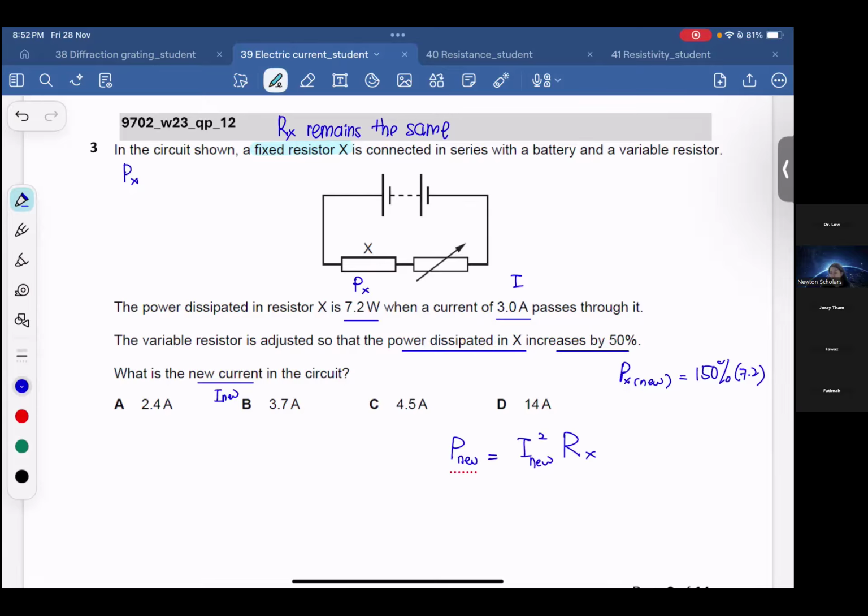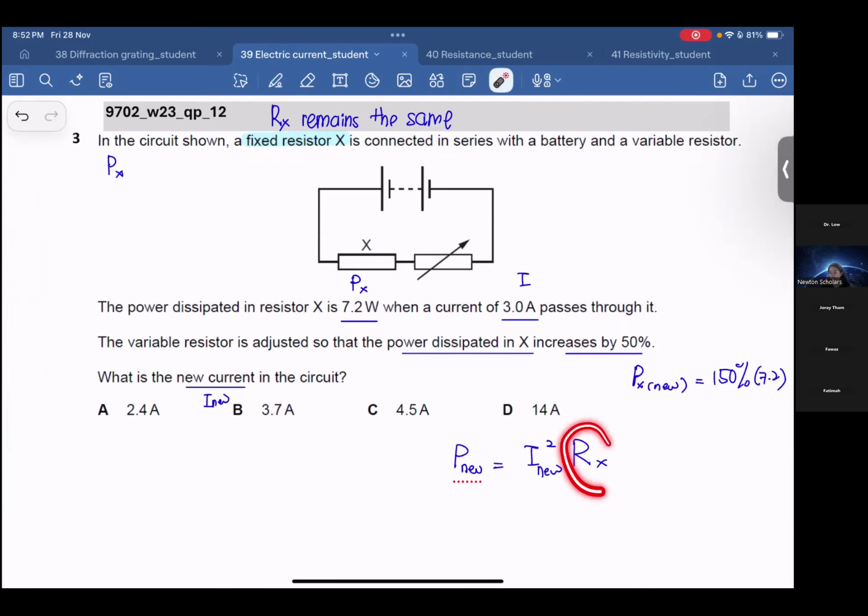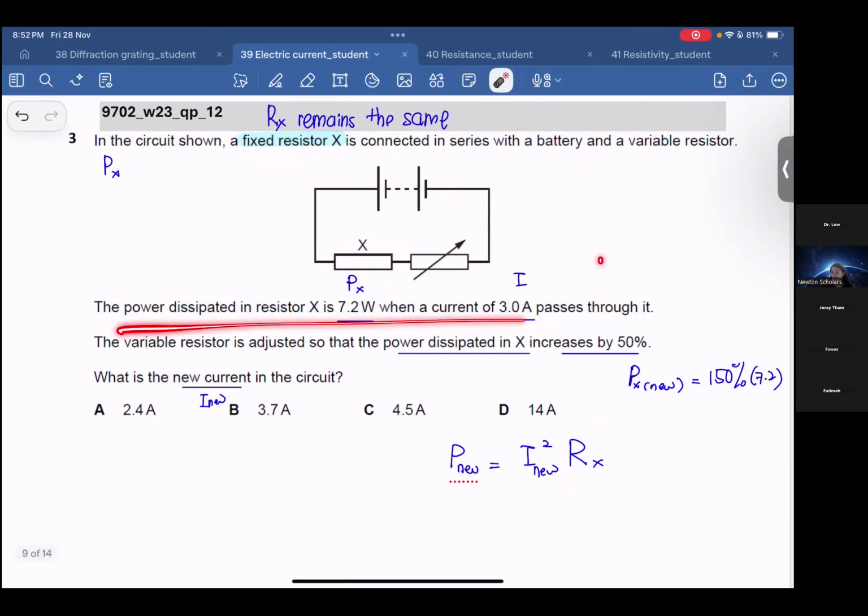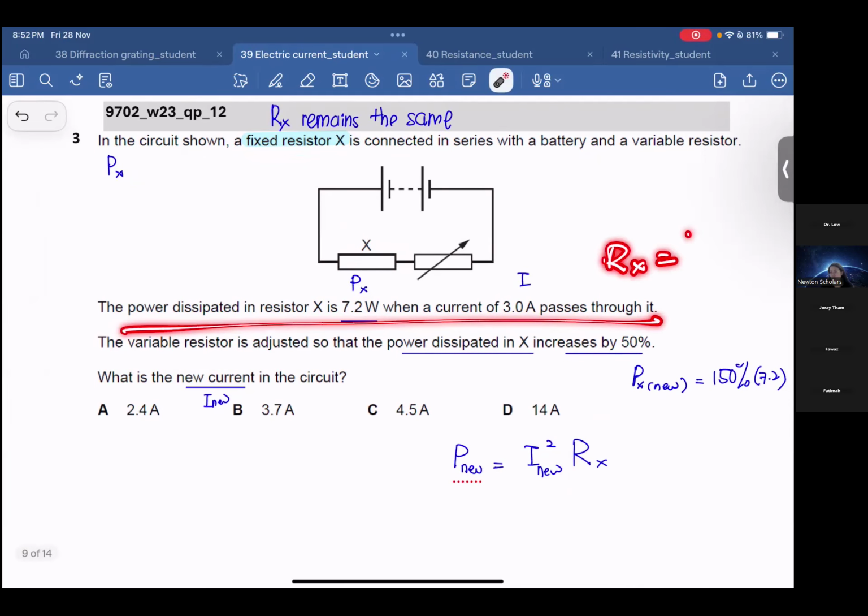How can we know the Rx, teacher? Actually, just now you can calculate the Rx already. From the first sentence, you can calculate your Rx, because this Rx is the same all the time. This is a fixed resistor. So after we do calculation, we can do substitution in.